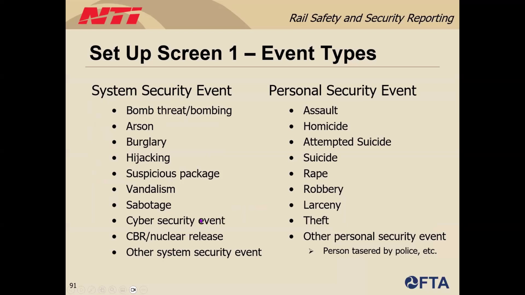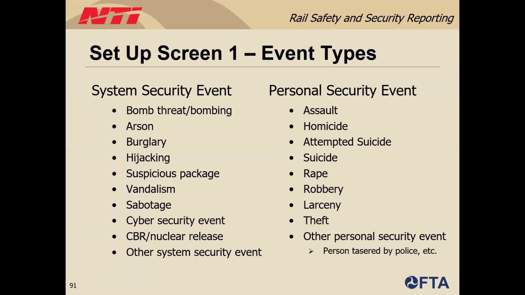We also have security events, the last 2 selections on that Setup Screen 1. We have system security events such as arson, bomb threats, burglaries, suspicious package items, vandalism, and so on. So these are basically events that affect the transit system as a whole.